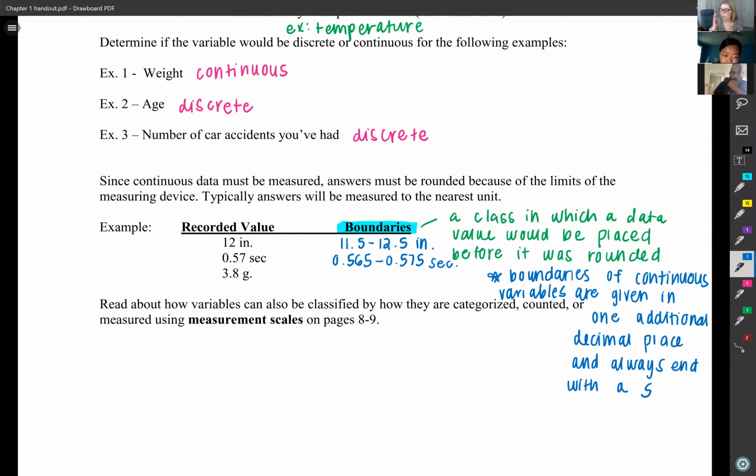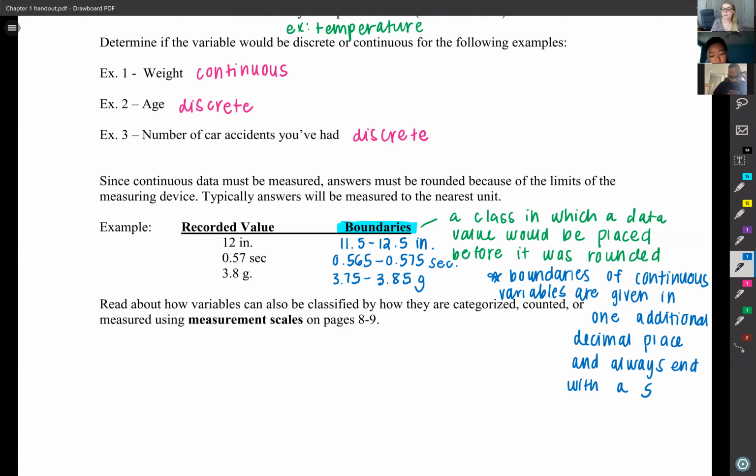So I have 1 digit on the right of my decimal place. So when I give the boundary, I will have 2 digits on the right of my decimal place. So this becomes 3.75 to 3.85 grams.